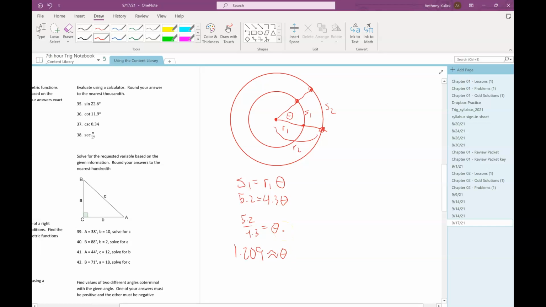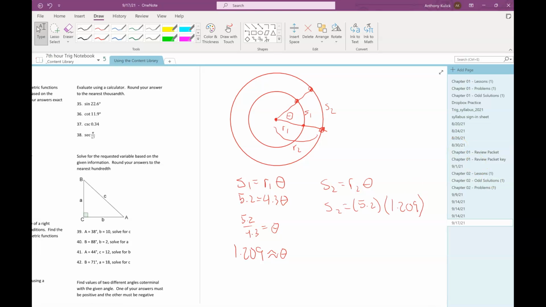It says the radius of the larger circle is 5.2. What is the length of the cut arc? So here I have the radius is 5.2, we're told in the problem. And that cut arc is what we're looking for. That's the S2. But we know from the previous one that theta is 1.209 radians.